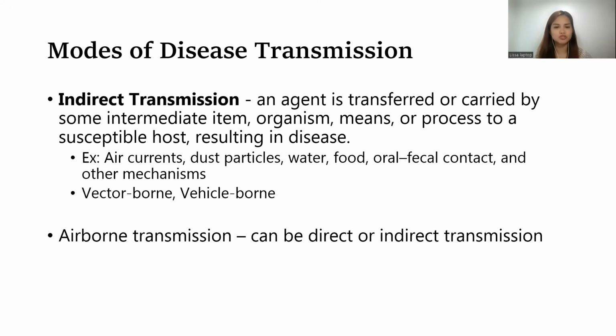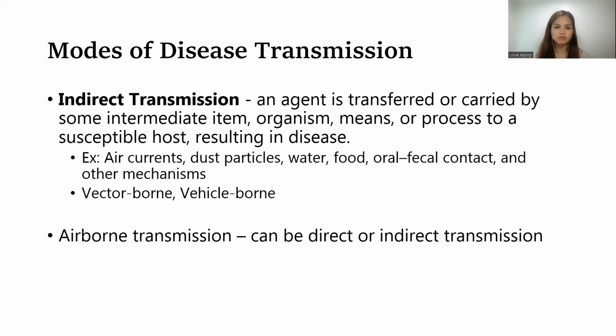For indirect transmission, it is when an agent is transferred or carried by some intermediate item, organism, means, or process to a susceptible host, resulting in disease. For example, this can be through air currents, dust particles, water, food, fecal-oral contact, and other mechanisms. Vector-borne and vehicle-borne transmission are also under indirect transmission.